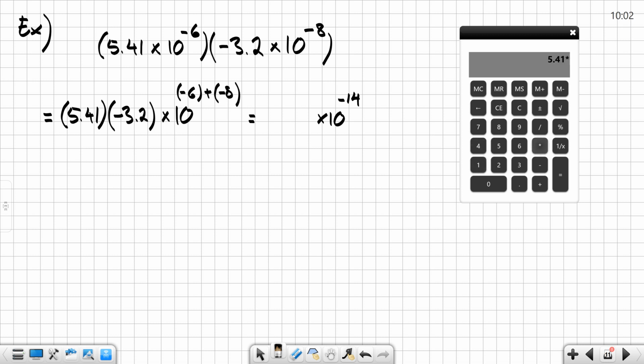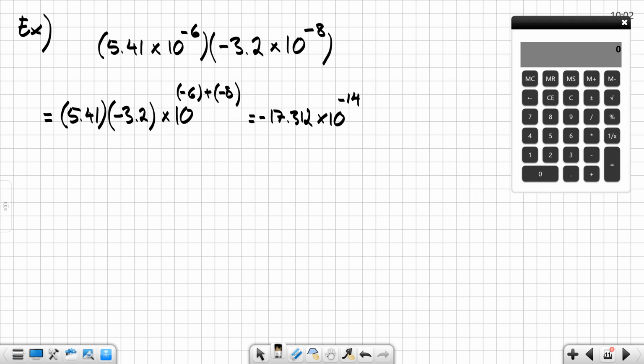5.41, multiply this by 3.2. I will just make this number negative. Negative 17.312. All right. So, are we done?